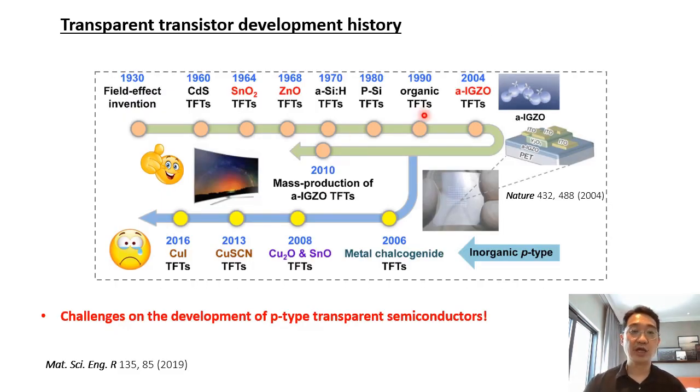So as you know, oxide transistors show very nice electron transporting, but unfortunately the hole transporting in oxide transistors is relatively low. Amorphous oxide semiconductors such as amorphous indium gallium zinc oxide have been successfully commercialized for OLED backplanes, and they show a very high mobility over 10 square centimeter per volt per second, and especially the off current and on-off ratio are really high using this wide band gap transparent oxide semiconductor.